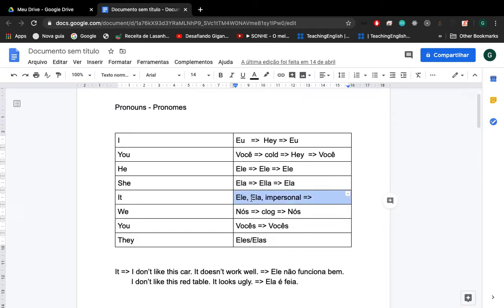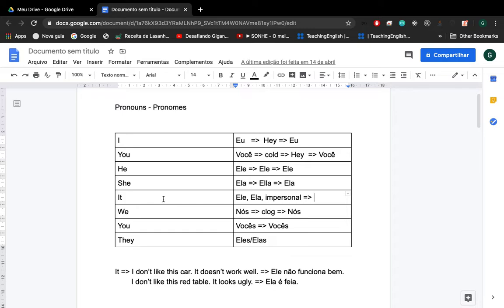Besides ele and ela, we have the impersonal form. That's for example when you're talking about rain, snow, something that happens like a natural phenomenon. For example, if you say it's snowing, you don't need to translate it as having a gender.